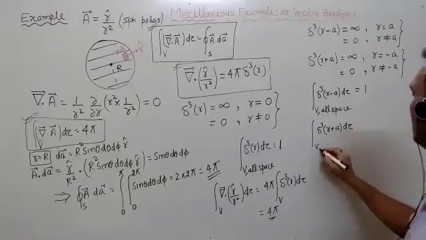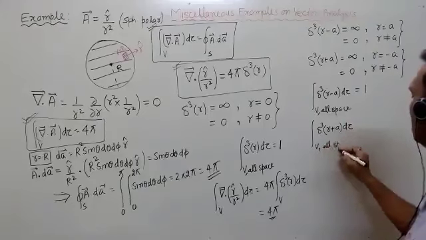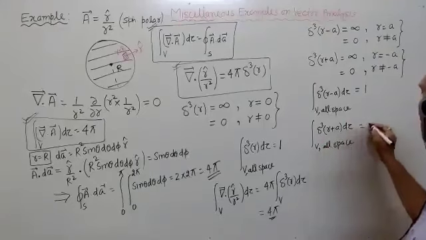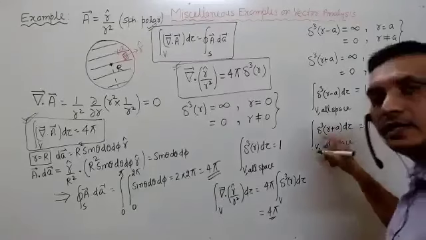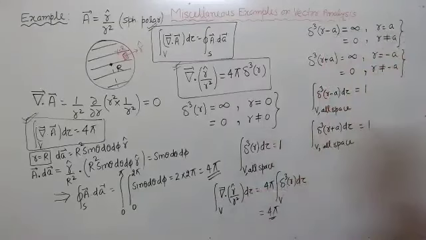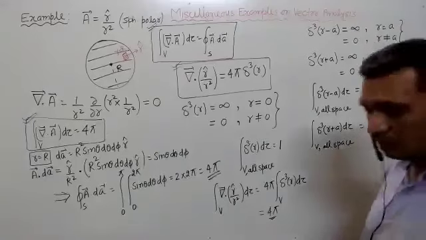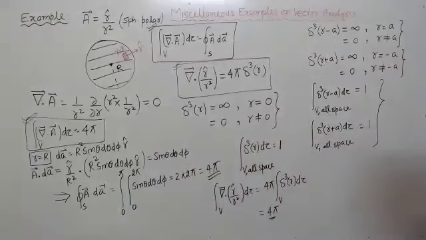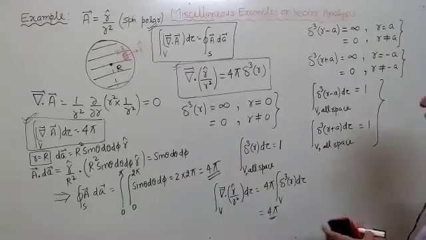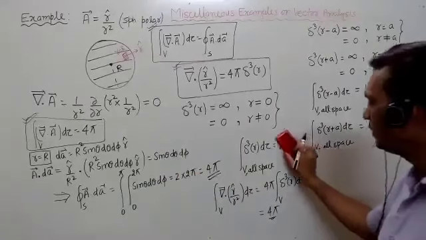And for delta r plus a d tau, in this case, this integral includes the point r is equal to minus a. So you can see properties of the Dirac delta function. We have other properties of the Dirac delta function also.